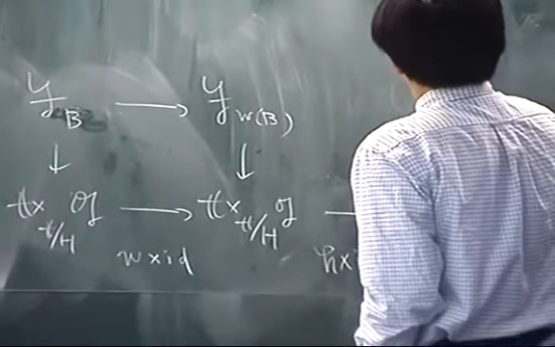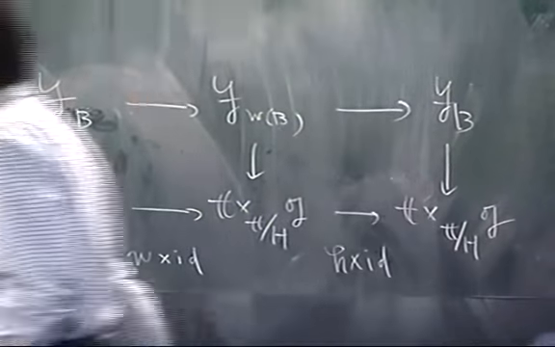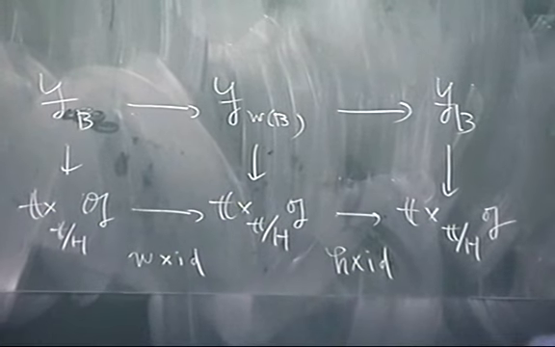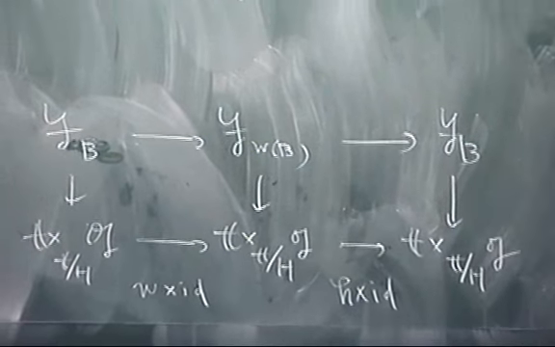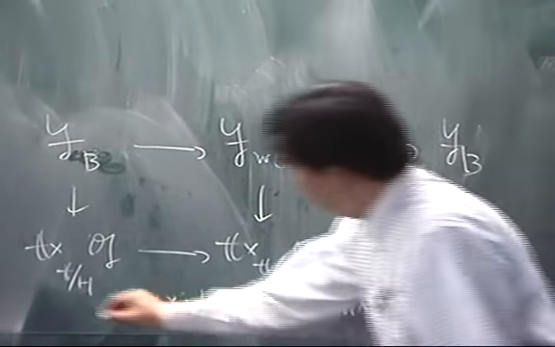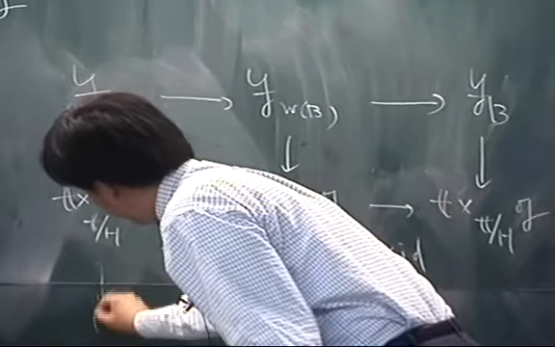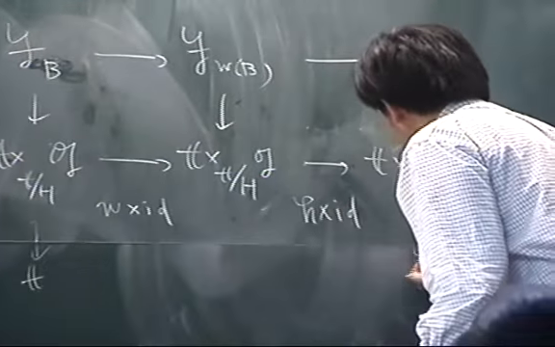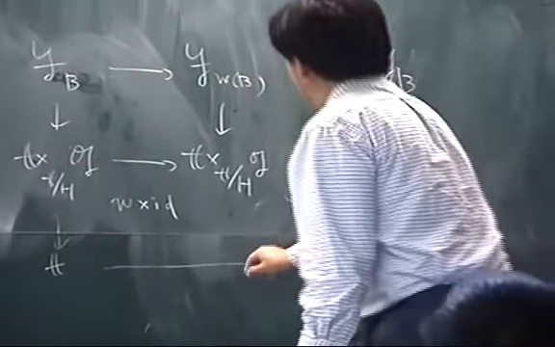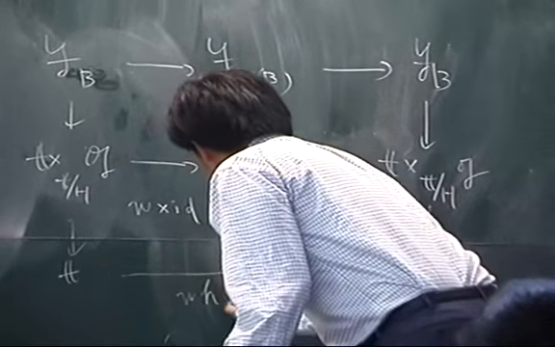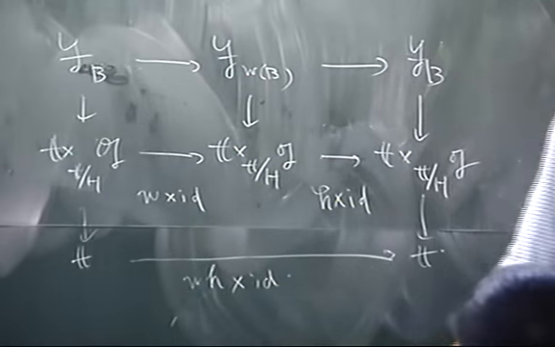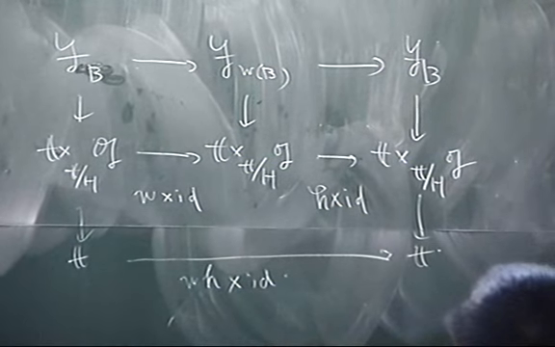And this is YB. Okay. So if you take the first projection from here to here, you have the following picture. WH times identity.